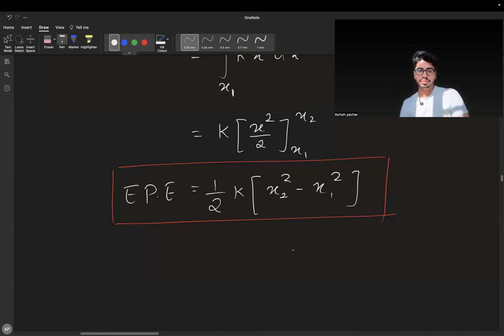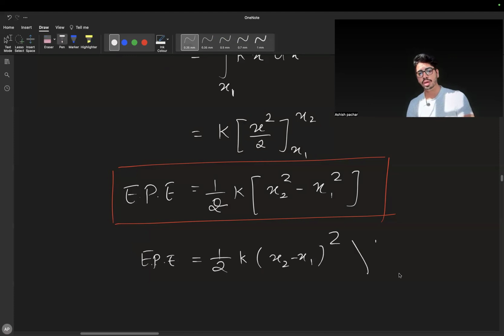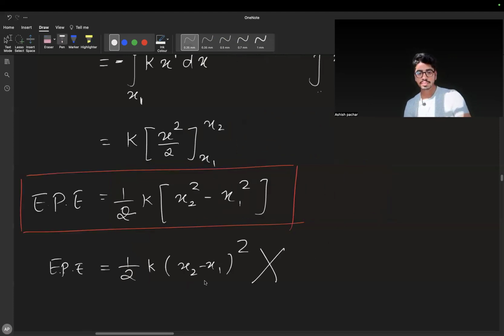So this is how you can calculate it. But remember, sometimes students make a mistake, so please do not do that. Sometimes they write k times (x2 minus x1) whole squared. This is wrong. Why? Because x minus y whole squared is not equal to x squared minus y squared.